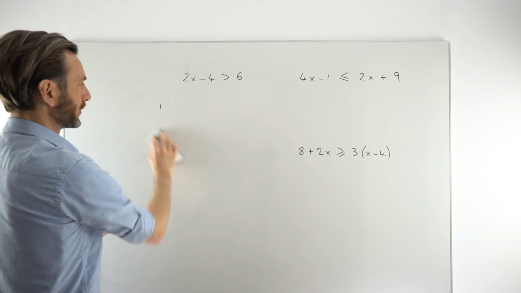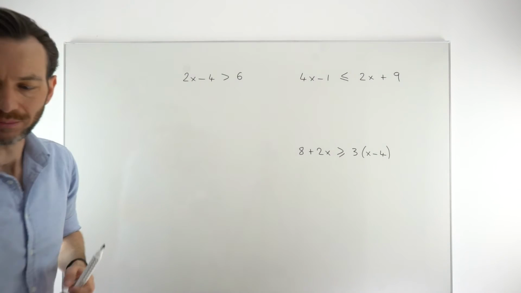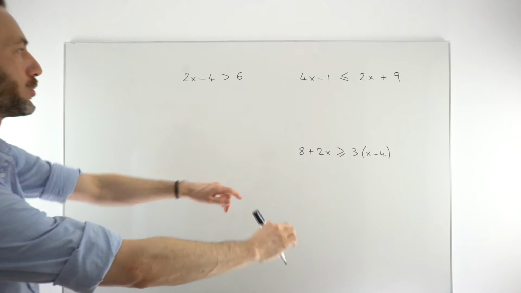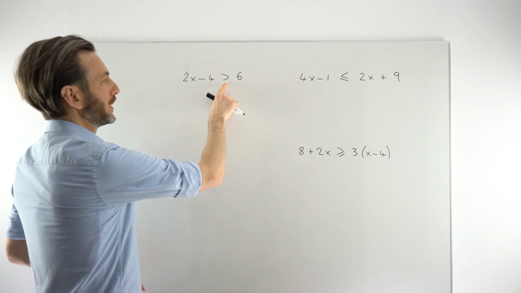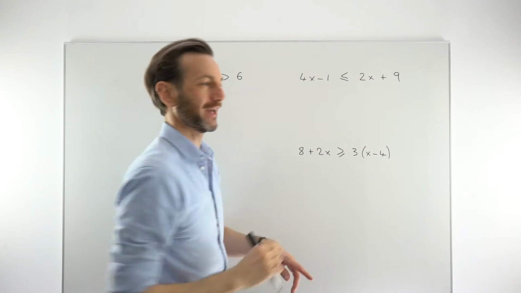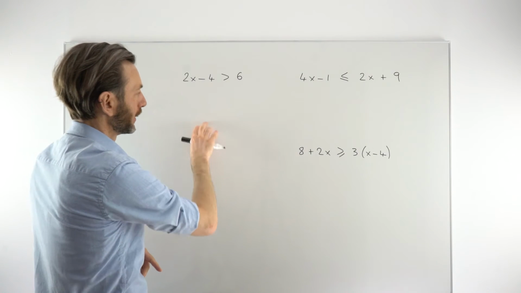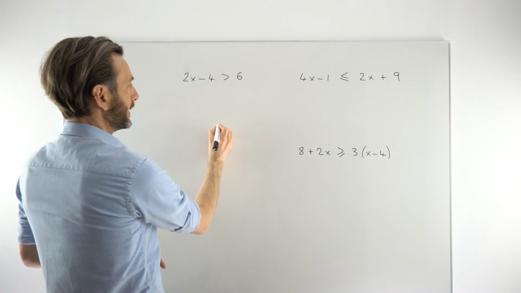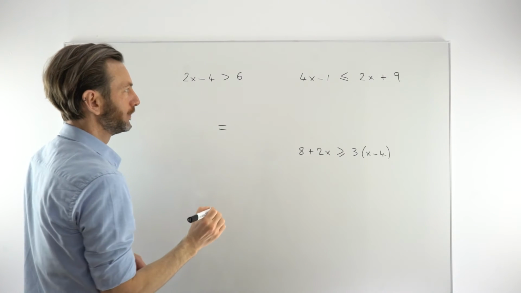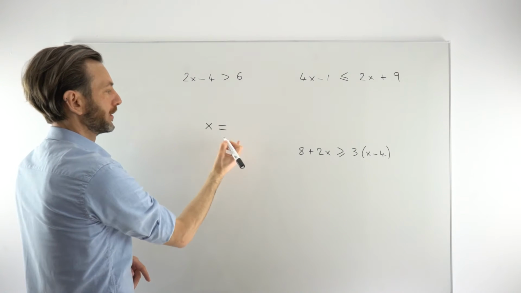It doesn't really matter what the symbol is. We just keep the same symbol all the way through, so you'll never change this. One of the biggest mistakes I see with students starting these is that you go through the working, maybe correctly, and then at the end turn it into an equals to say that x equals something.